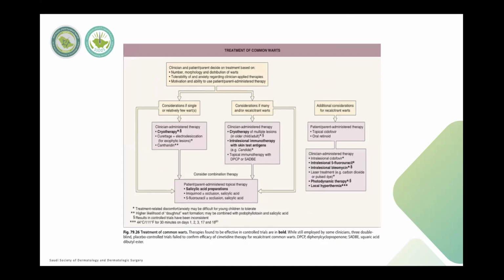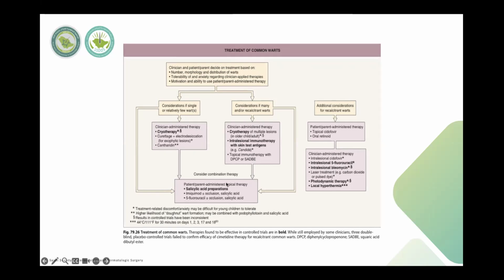Treatment depends on whether it's single or multiple, and whether the patient would like to be treated at home or in the doctor's office. If you have a few lesions, in the doctor's office what they can offer is cryotherapy. Surgical removal is also an option. Cantharidin, which is a topical agent that can lead to blister formation, can also be used.